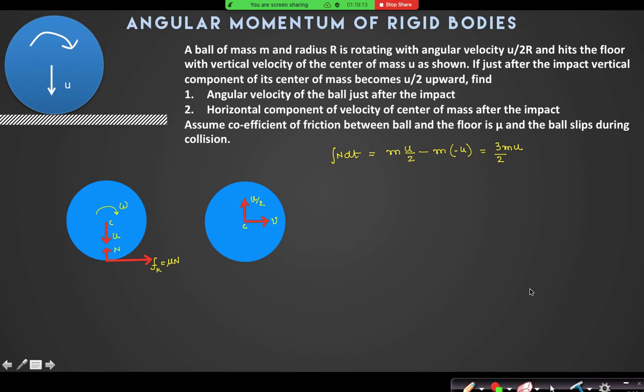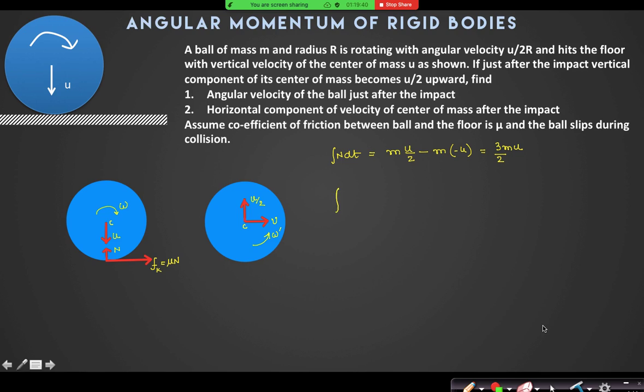Let us assume that finally it has achieved an angular velocity omega prime. Why is the angular momentum changing from omega to omega prime? Because of the frictional impulse, the impulse of that frictional force and its torque.